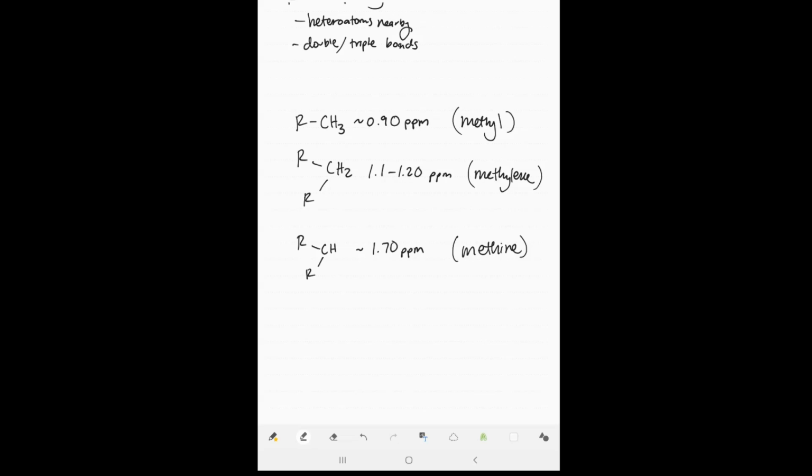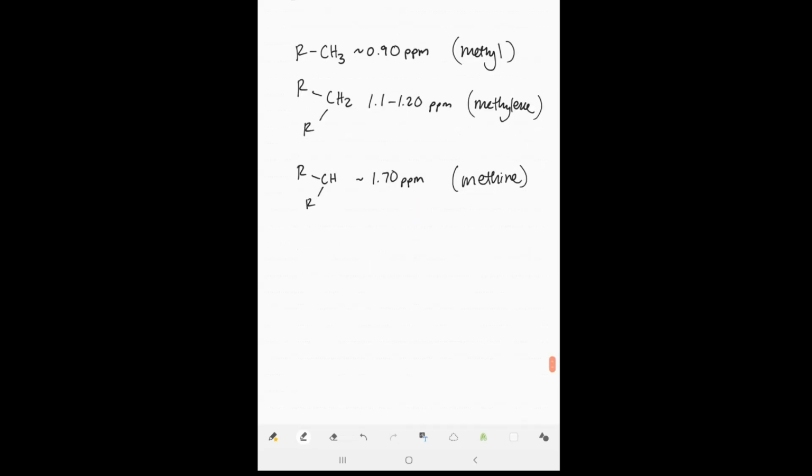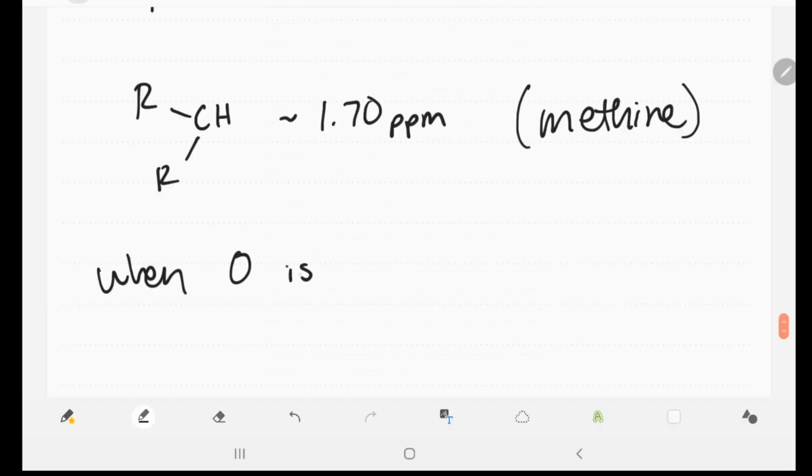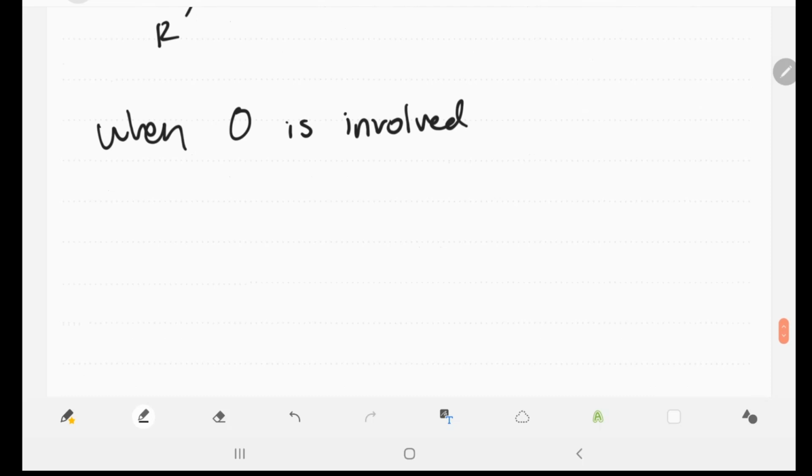So when oxygen is involved, we're going to have 3 different types. I'm going to put the hydrogen we're looking at in a fancy color.